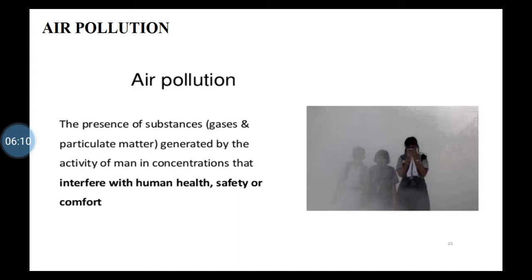Also, we can say that the term air pollution is applied when there is excessive concentration of foreign matter in the air which is harmful to health. So, in these words also we can say the meaning of air pollution, isn't it?